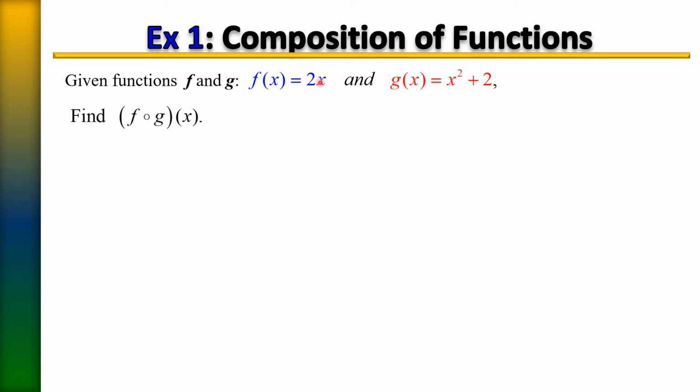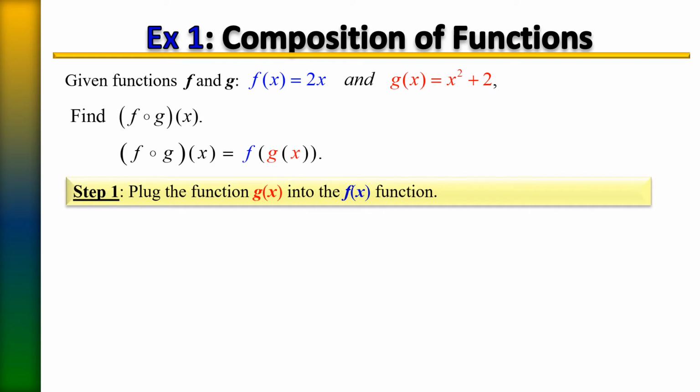So into the f function where the x is, you're going to remove the x and replace it with what g of x is, which in this case is x squared plus 2. Again, taking the g of x function and plugging it into the f of x function.